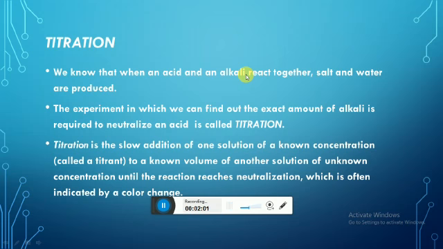So the experiment in which we can find out the exact amount of alkali required to neutralize an acid is called titration. What does it mean? Alkali and acid are added together and give us salt and water. So definitely we add them in some fixed amount.